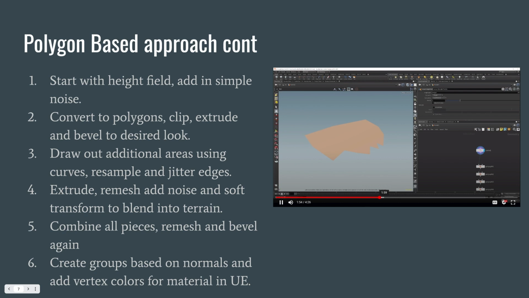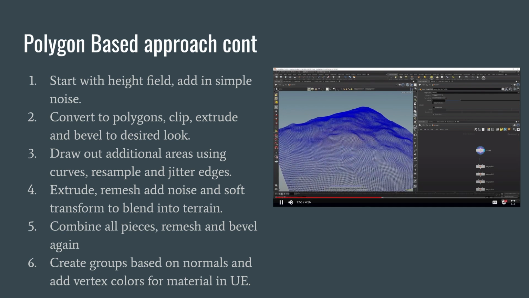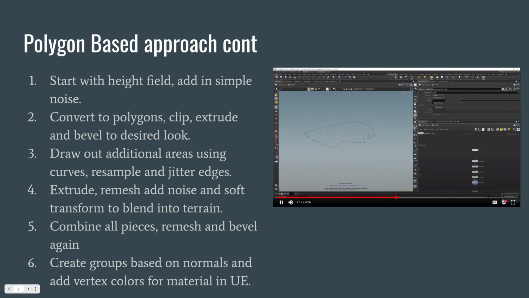So we do that here because this is a kind of ugly base shape that we have. Then we resample it and distort the edges a bit, and then we extrude it. We also do a remesh on it, which creates some interesting variation in the topology.